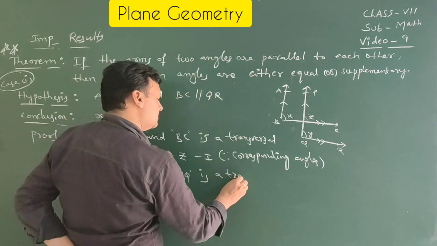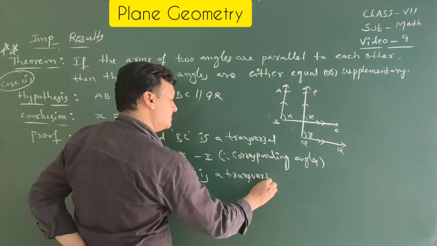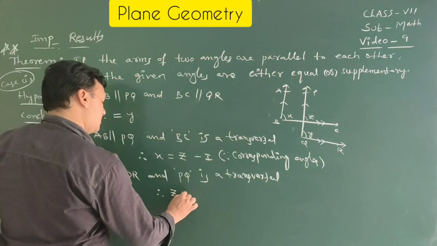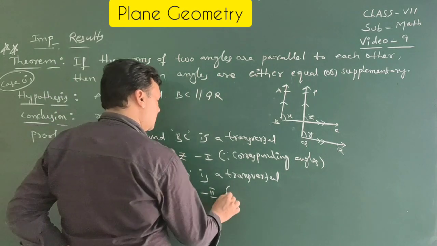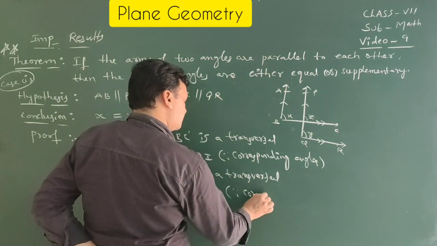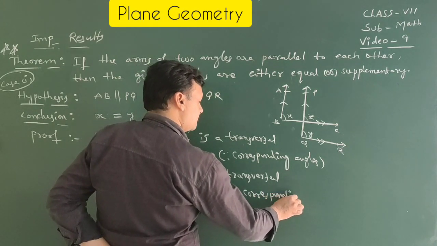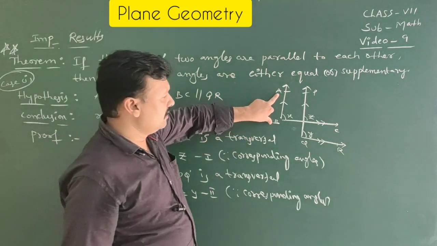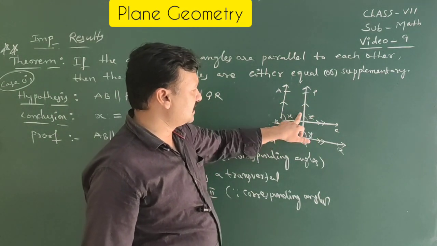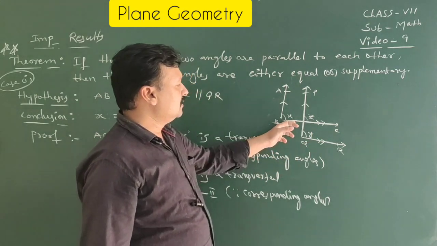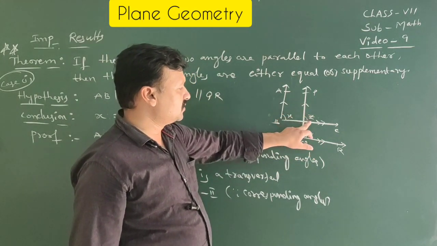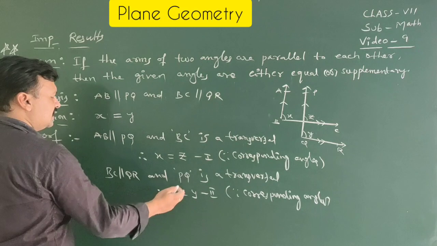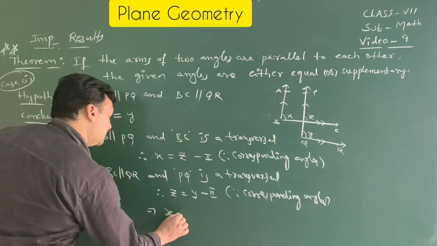Now Z equals Y, again corresponding angles. From 1 and 2, X equals Z and Z equals Y. That implies X equals Y.